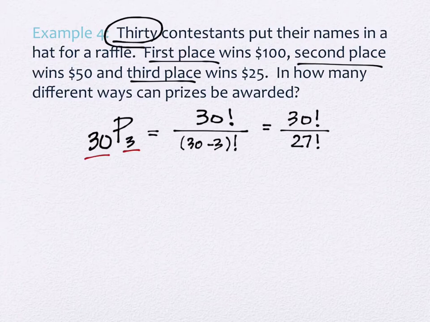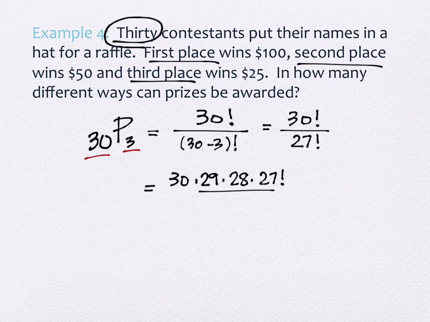So it becomes absolutely crucial that I write it out like I did on the last problem. I'm going to write the 30 out until I get down to 27: 30, 29, 28, 27 factorial. That matches my 27 factorial on the bottom, which is lovely because it eliminates. Not because 27 divides by 27, but because 27, 26, 25, all that multiplied out is identical on top as on bottom.